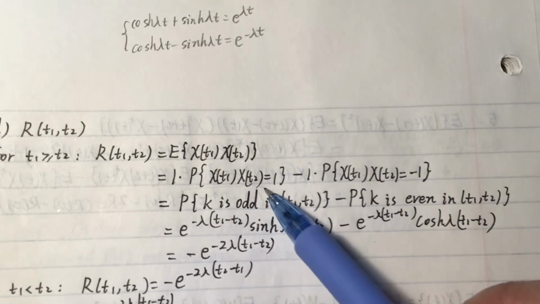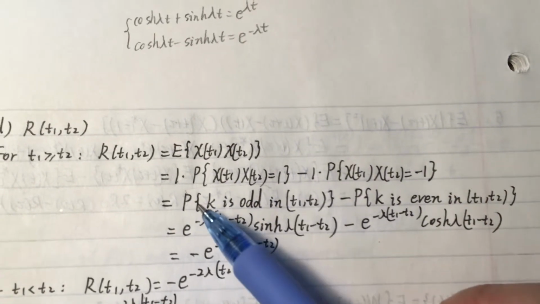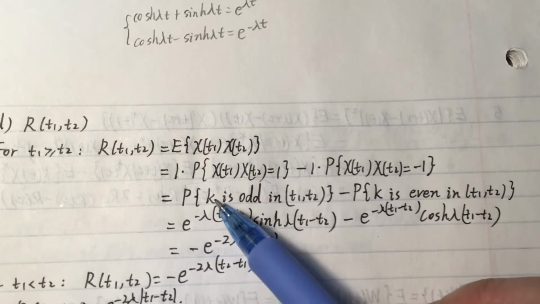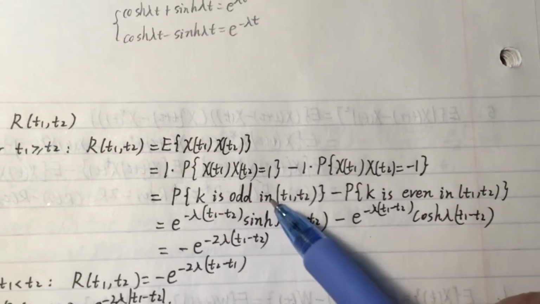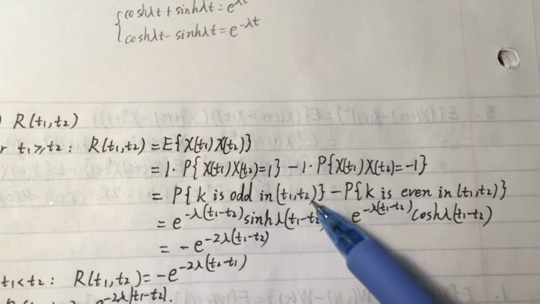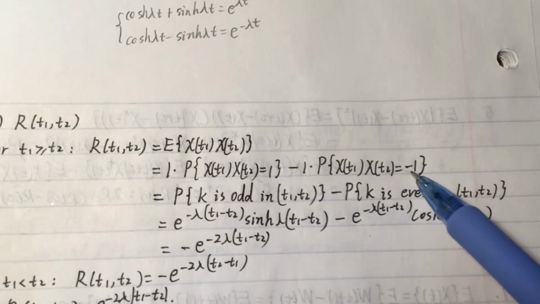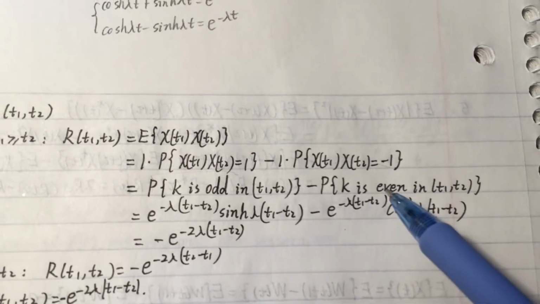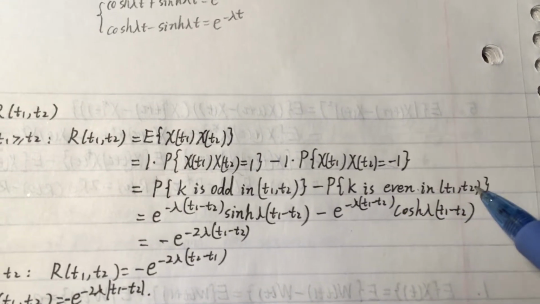And this probability equals the probability that n is odd in t1 to t2, and this probability equals the probability that n is even in t1 to t2.